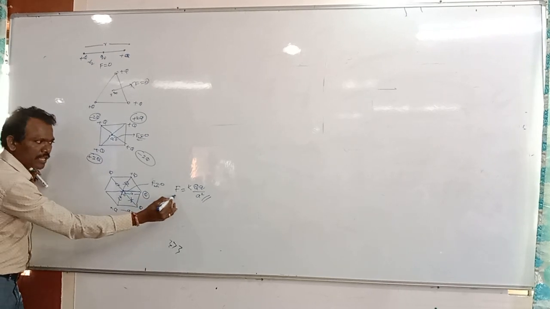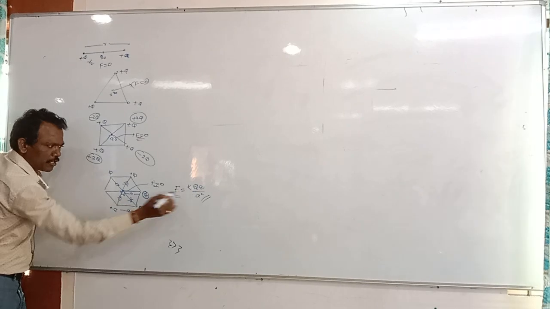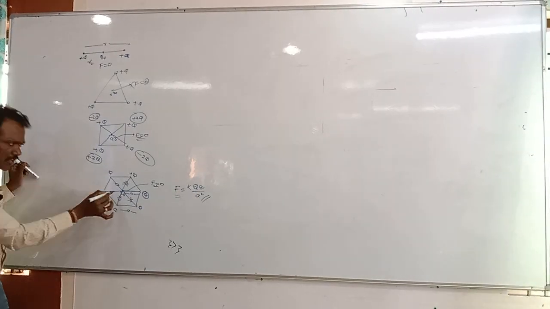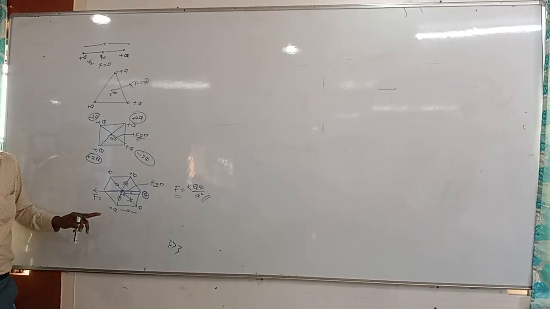So F is equal to K Q naught Q divided by distance square, acting in this direction, isn't it?